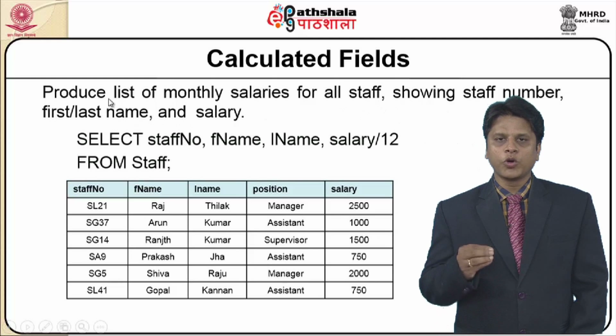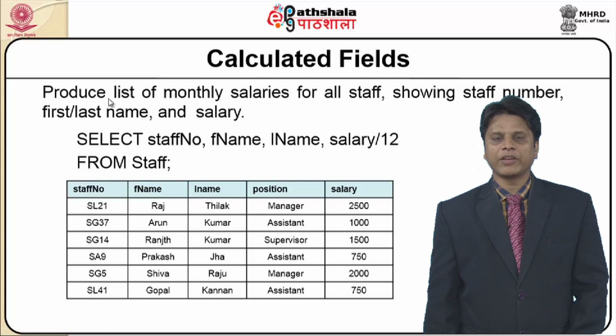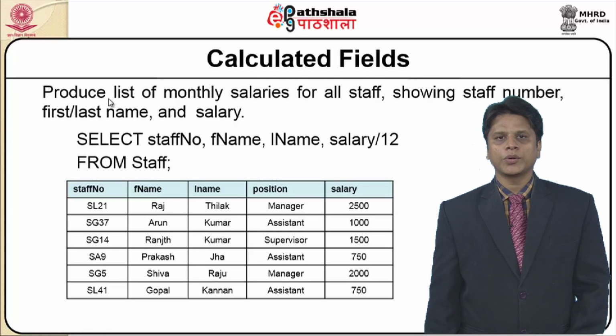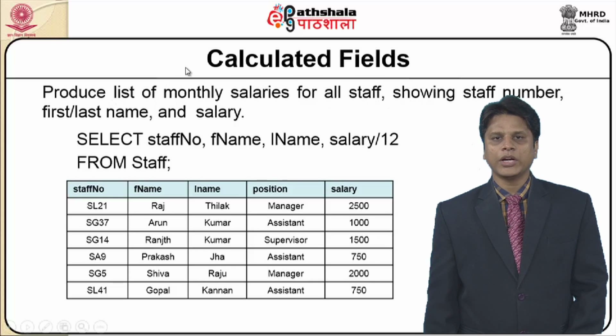When we go back and look at our table, we have given an overall value, not projected as yearly or monthly salary. Assume the salary we have stored is a yearly salary. As per this requirement in natural language, it specifically mentions producing a list of monthly salaries, so the monthly salary needs to be calculated.